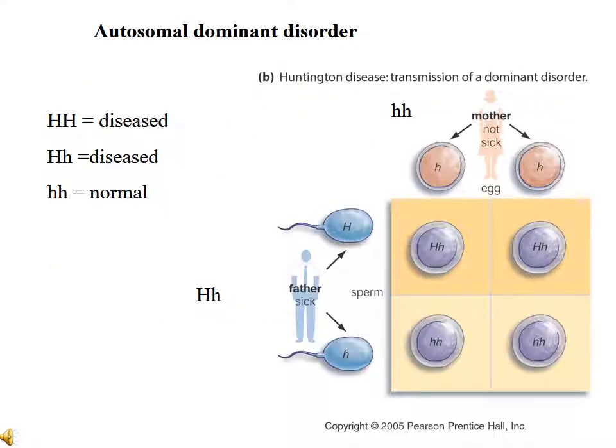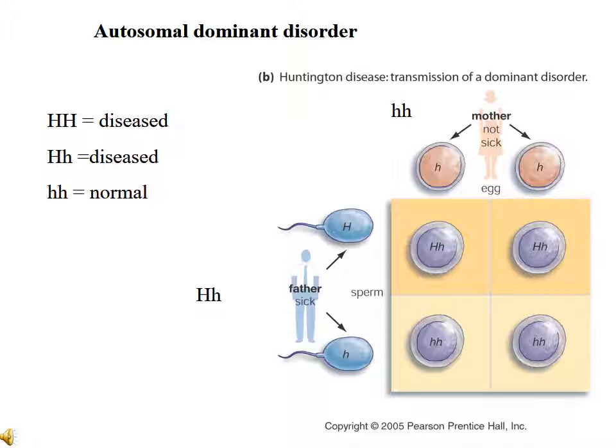Now let's look at autosomal dominant disorders. Look to your left and look at the genotype and the phenotype. 2 big H's, 2 dominant genes, absolutely, disease state. A dominant gene and a recessive gene, remember, this is a dominant disorder, diseased. 2 little h's, normal.